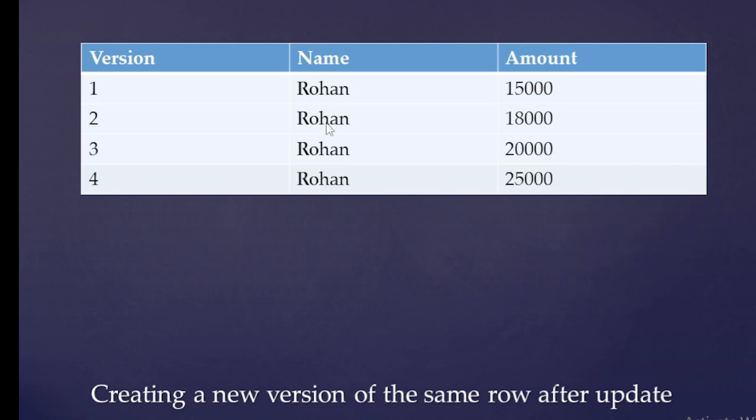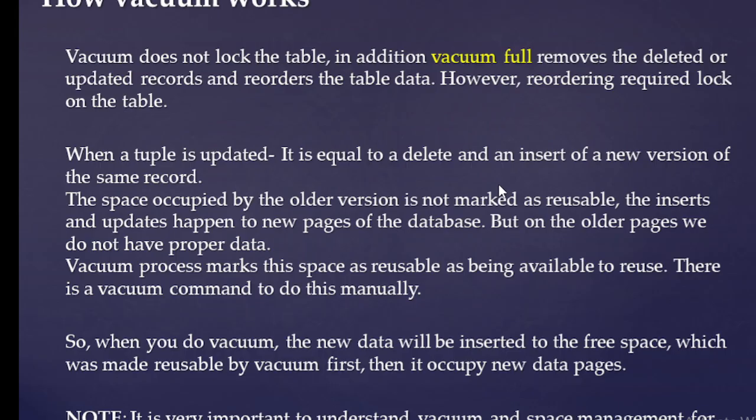Transactions going on concurrently at the same time may require the previous data, or once you are done with your whole transaction, you may be rolled back to this point. That's why Postgres does not delete the rows. It just creates a new version of the data.